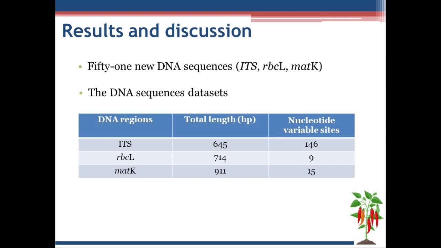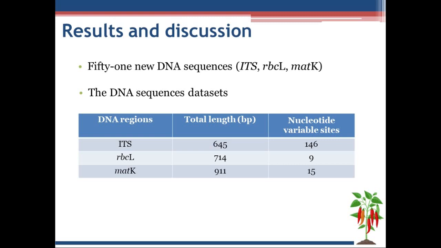The results show that 51 nucleotide sequences were successfully amplified by PCR and sequenced from the 3 DNA regions. The ITS region shows the highest number of variable nucleotide sites, 146 sites in a total length of 645.